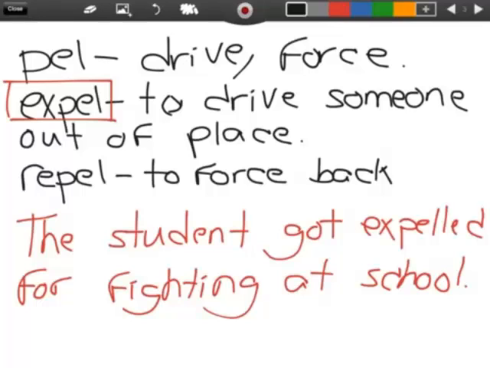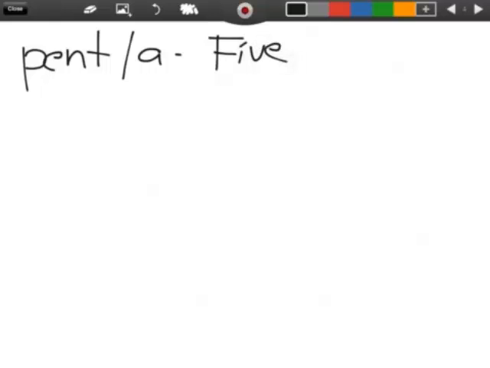Moving on to our next root is penta. Pent or penta meaning 5, as in number 5. I'm going to give you an example.